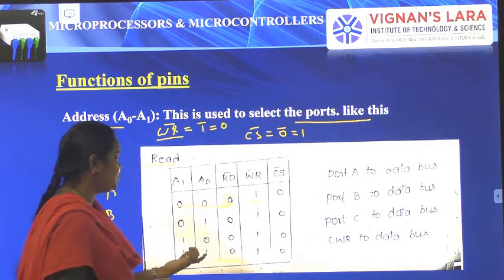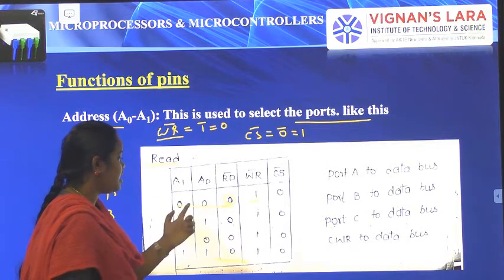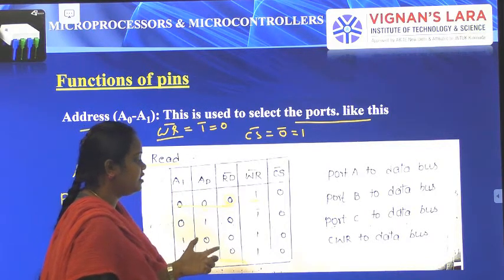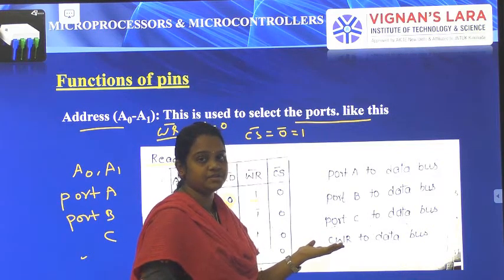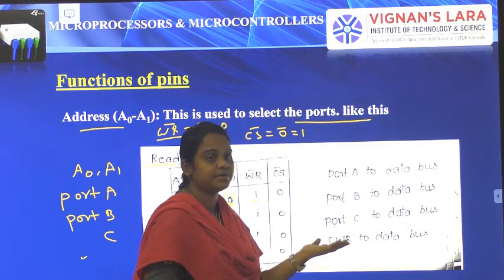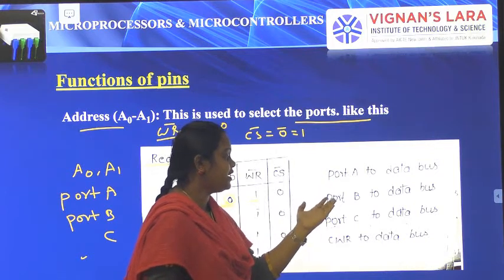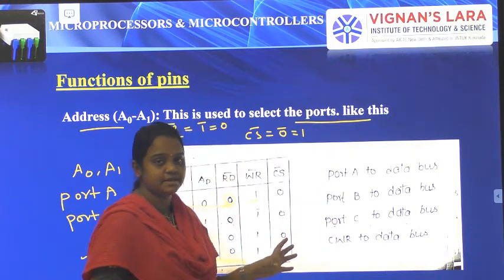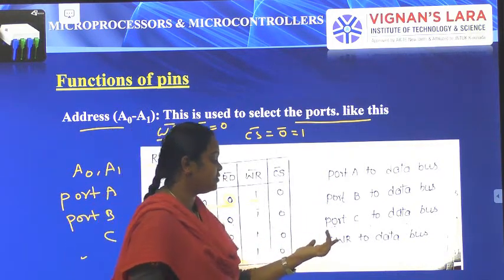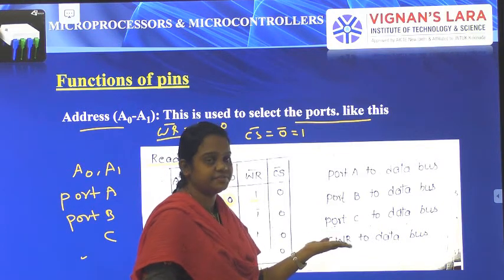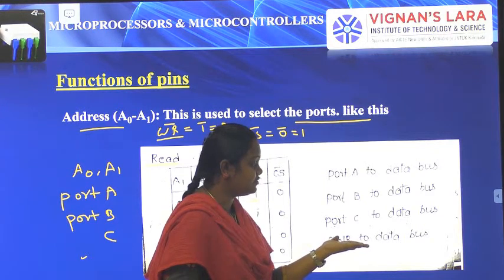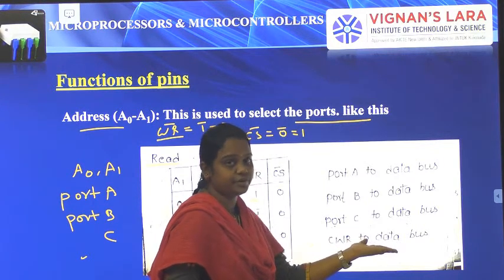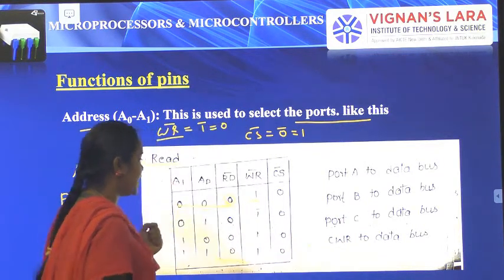Whenever both are 1, that is the control word register, where data is stored. Port A, port B and port C do not access the system bus; only the data is stored in the control register. It carries the information from the input output devices to the 8086 microprocessor.